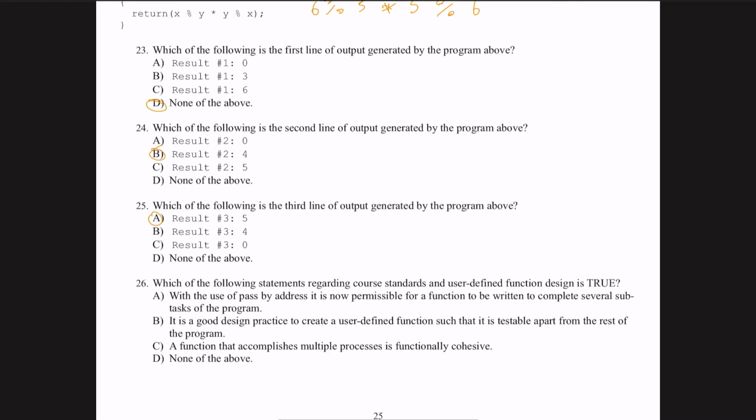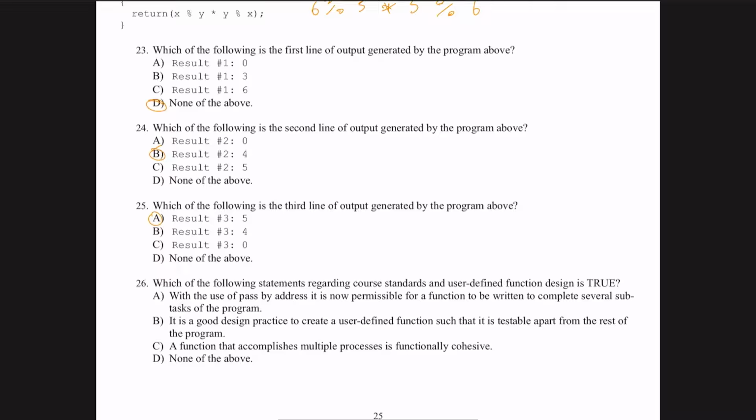This is important because if you want to change the flow of your program later on, and you only want to do one part of what a function has, because you made it do multiple tasks, now you're going to have to rewrite your function in multiple parts. So just because we can use pass-by-address doesn't mean we will always do it, because we don't want to actually change the purpose of a function.